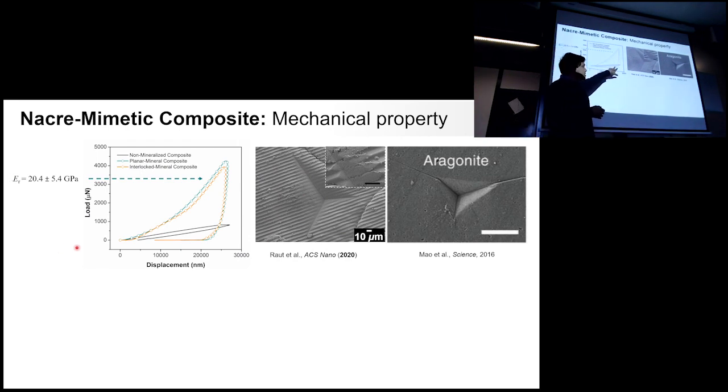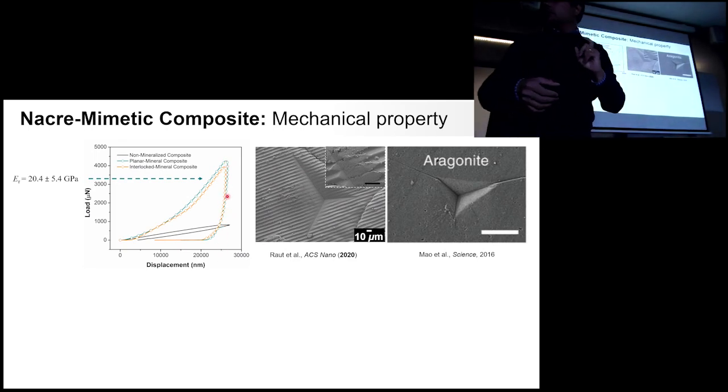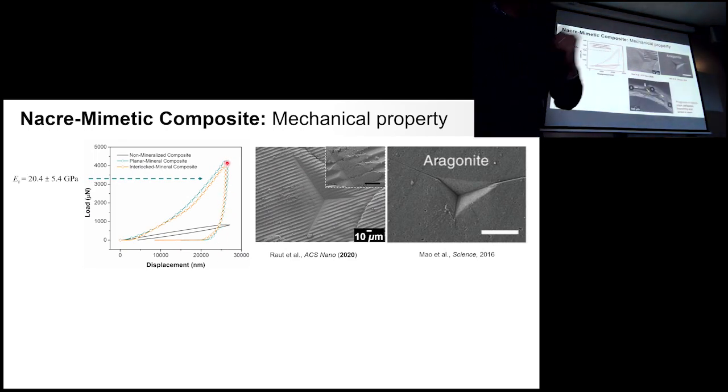You can see chitosan is not very stiff. In comparison, the composite shows about 10 times higher stiffness than chitosan, about 20 gigapascals. Again, nacre is very high. I think nacre is 3 times that number.